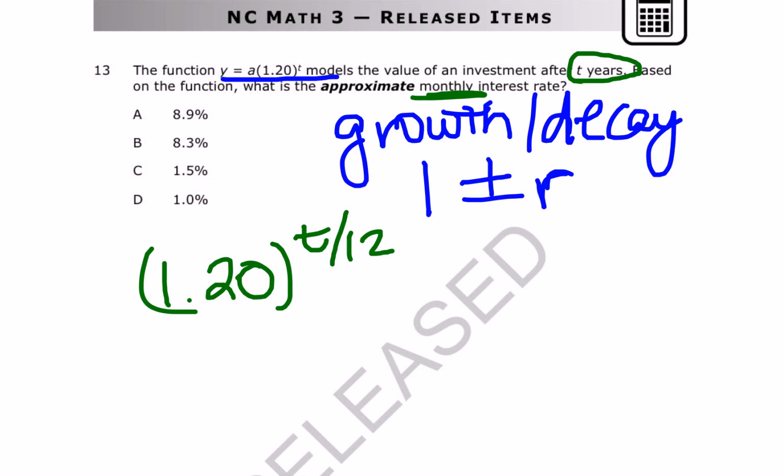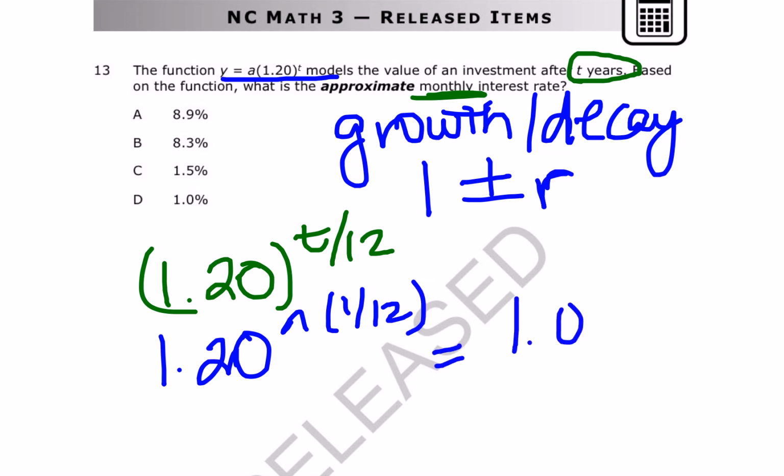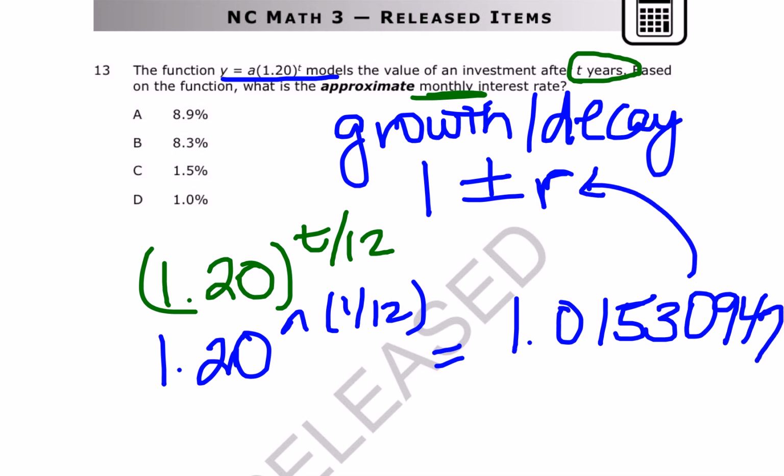So if I take my equation 1.2 and raise it to the 1/12th power, because again we're dividing it into months, then that gives me 1.01530947. But that's the same thing as the growth factor.